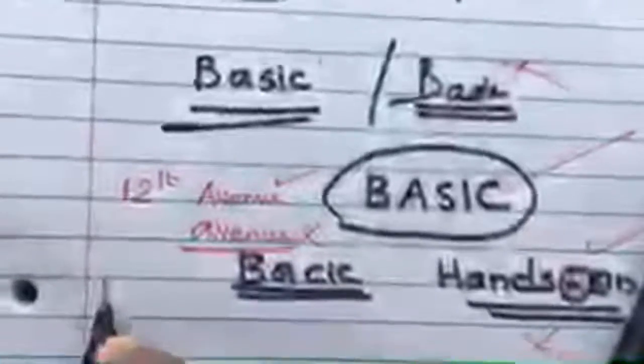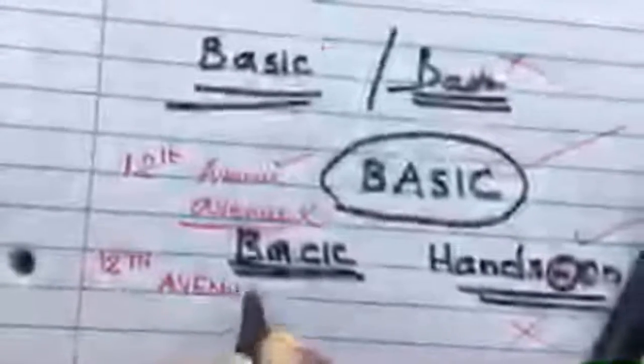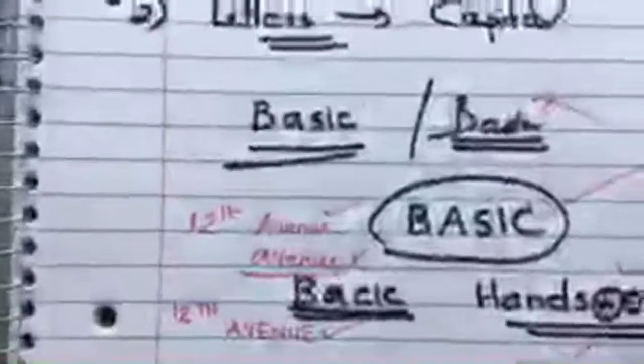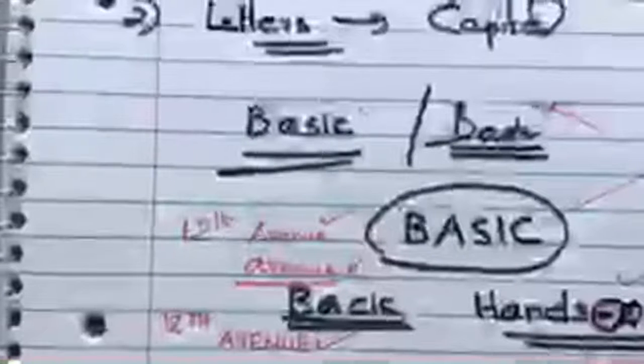What you have to keep in mind is that when you use capital letters, for example, if you write 12th Avenue in full capital letters, your answer can be absolutely right. You don't have to worry about your writing style or anything. Okay, so that's it.